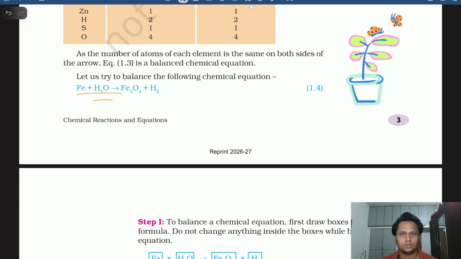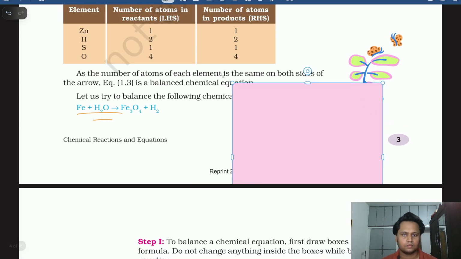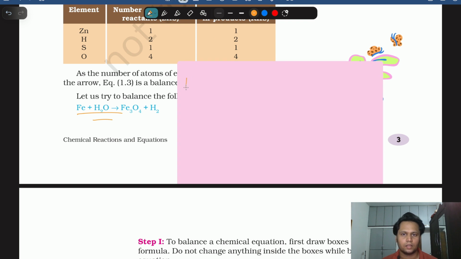Okay. So let me take one sticky note. What they have given here is Fe. I'll take this color. Fe reacts with water H2O to give Fe3O4 plus H2 gas.